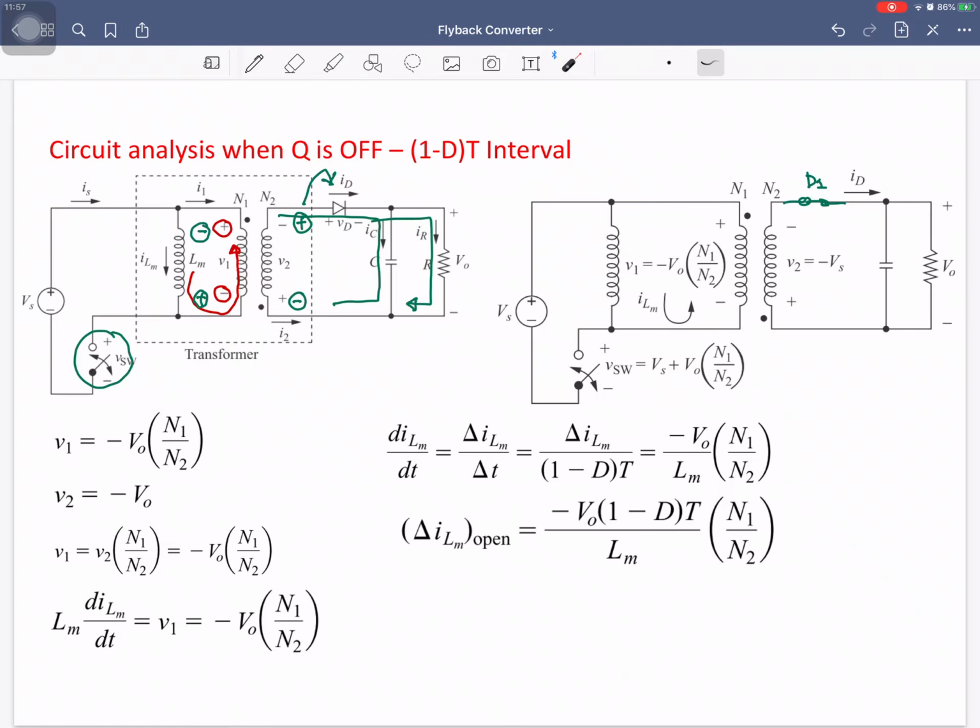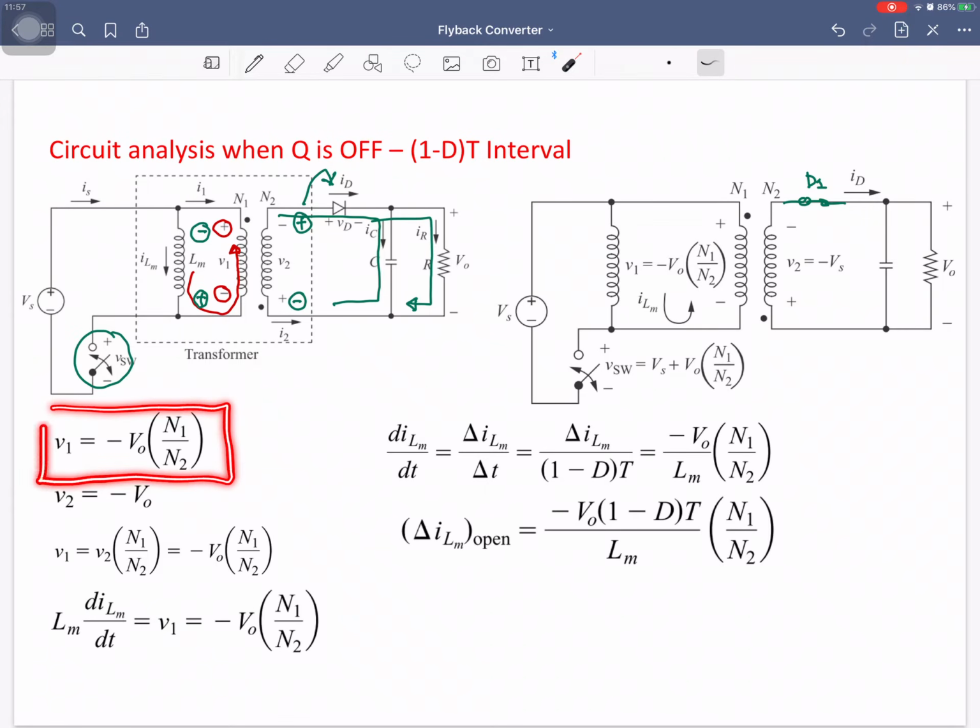Because of the parallel connection, whatever the voltage is over here, the same will be the voltage across the secondary winding, and that voltage will be reflected back to the primary side according to the turn ratio, and definitely its polarity will be opposite with respect to this reference polarity. So you can see the minus sign over here representing the opposite polarity, and the voltage V0 is reflected back to the primary side by the turn ratio, that is N1 by N2.